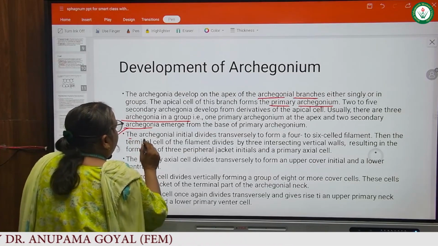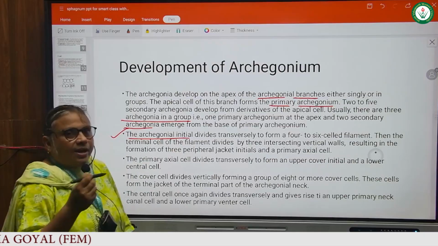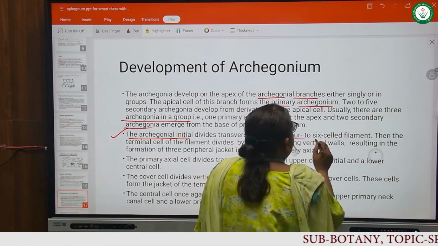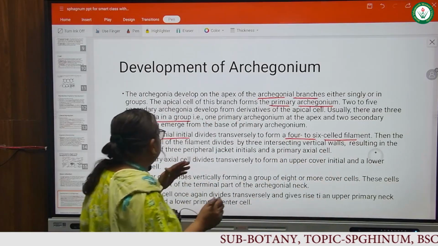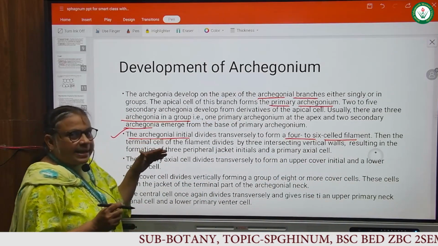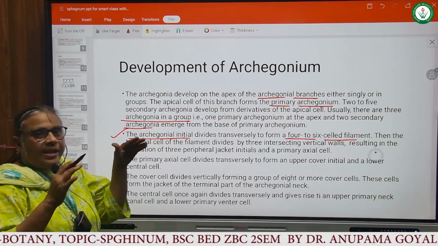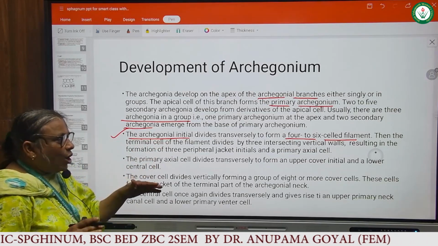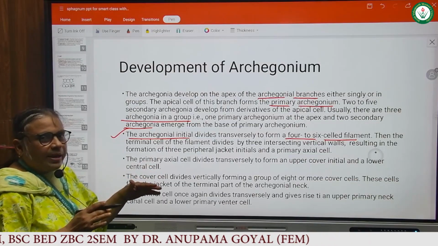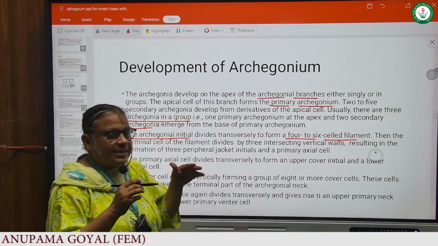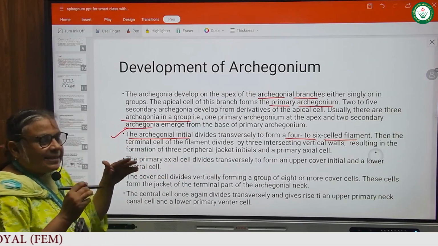The archegonial initial divides transversely to form a 4 to 6 celled filament. Then the terminal cell of the filament divides by 3 intersecting vertical walls, resulting in the formation of 3 peripheral jacket initials and a primary axial cell.